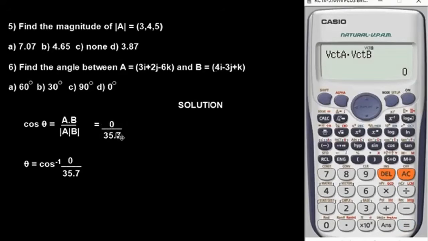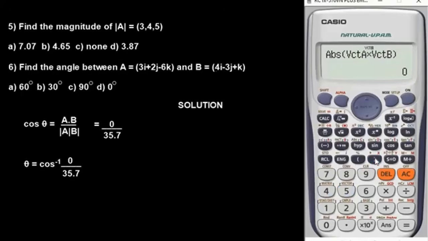So let's also check for magnitude of A times magnitude of B. So you wipe out this. So what we're going to do now will be shift, this hyp button, vector A, shift button 5, vector A is 3, times shift button 5, vector B is 4, and close the bracket.